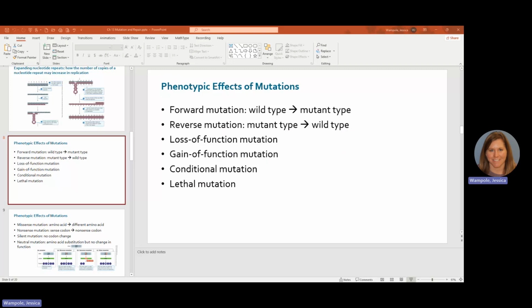If your cell is normally in the presence of glucose, using glucose for respiration, you won't know that there is a mutation in that lac operon until it attempts to use lactose. So we're only seeing that mutation under the right set of conditions for whatever that gene is doing. And then lethal mutation means that it makes the organism die. Not rocket science there.